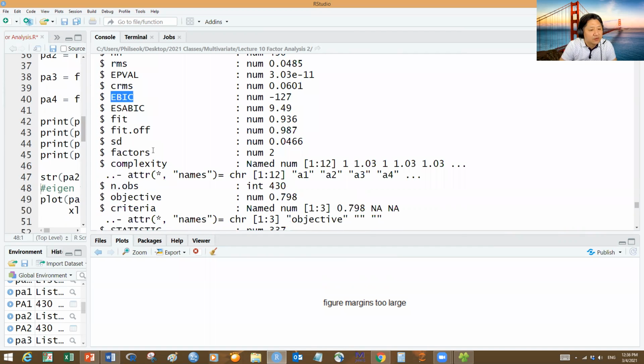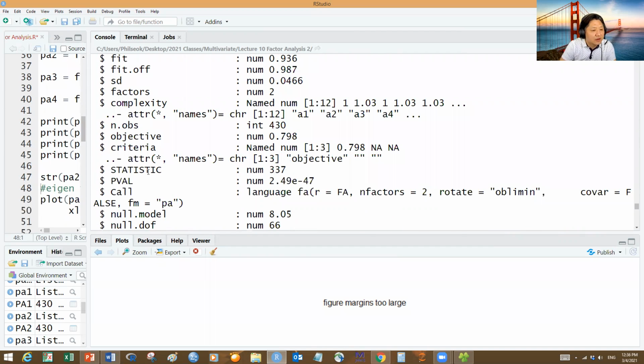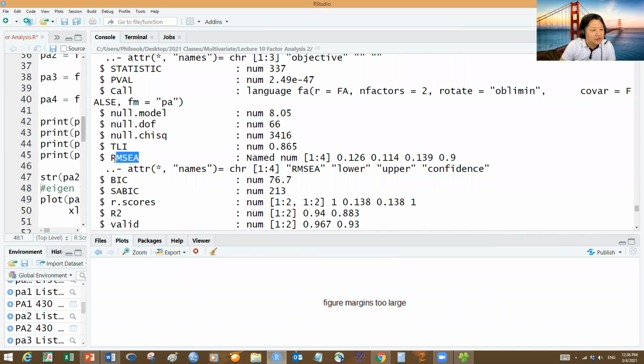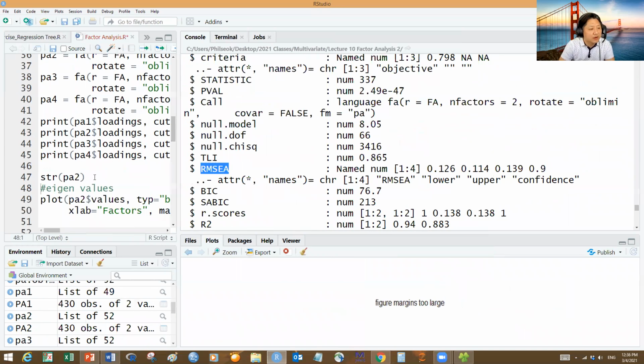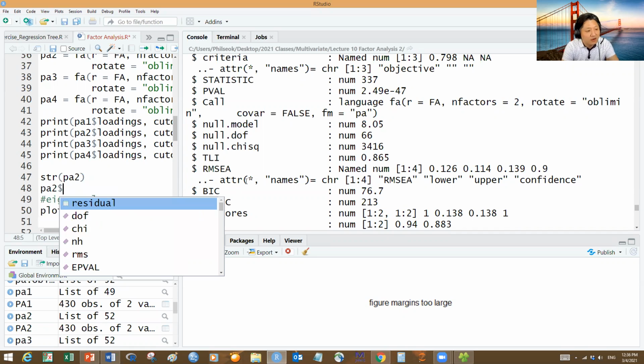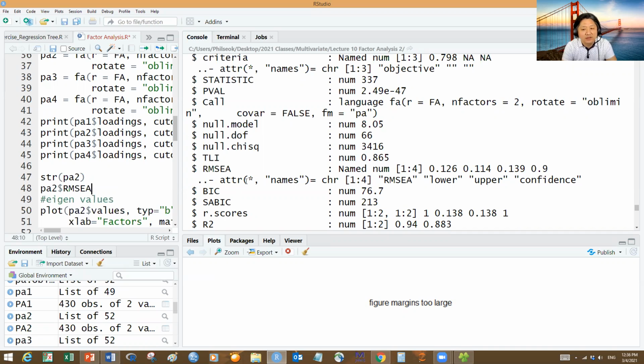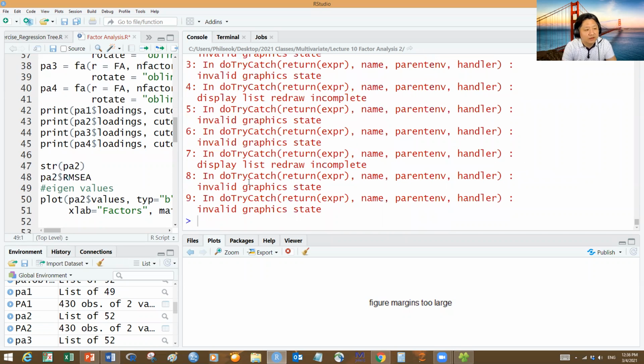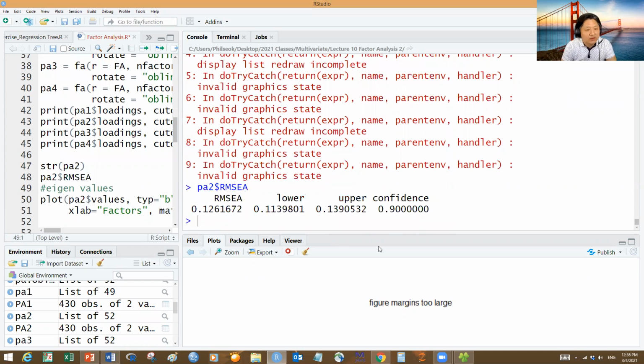Let's say you want the RMSEA. You can type your model, PA2, dollar sign, RMSEA. Run it, and you will get the RMSEA information.